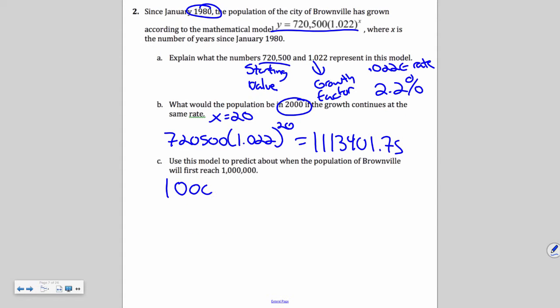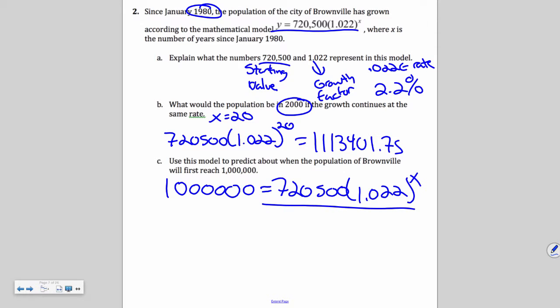So that becomes what Y equals. First step in solving this is I divide.